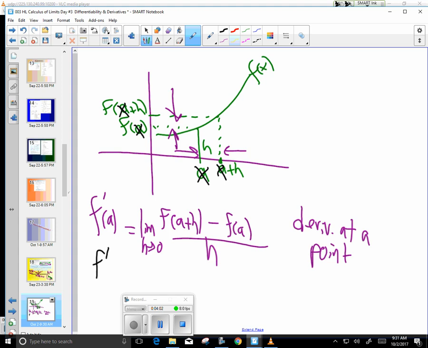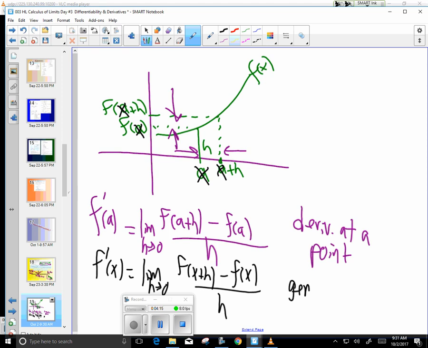So the general equation for slope is the limit as h approaches 0 of f of x plus h minus f of x over h. But it's just as helpful knowing about the slope at a point. Super helpful. Sound familiar? Remember all that?